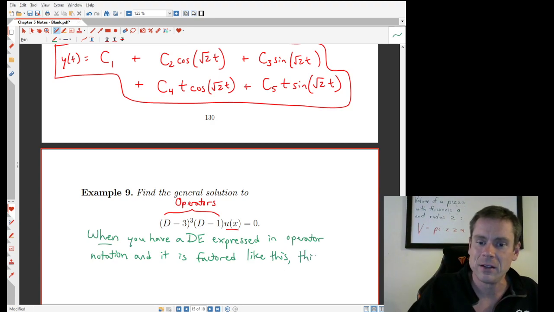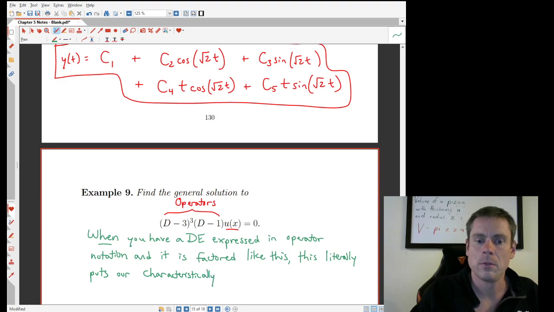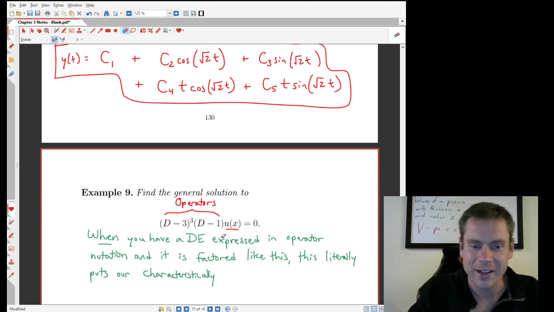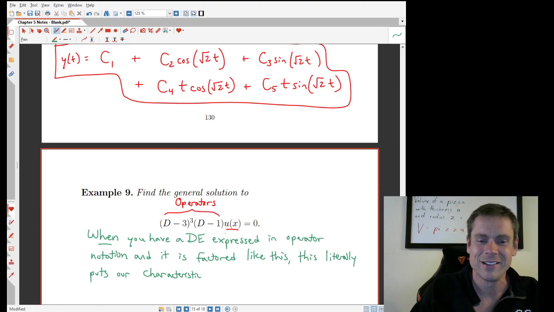So this, I want to say literally, puts our characteristic equation into a similar factored form.